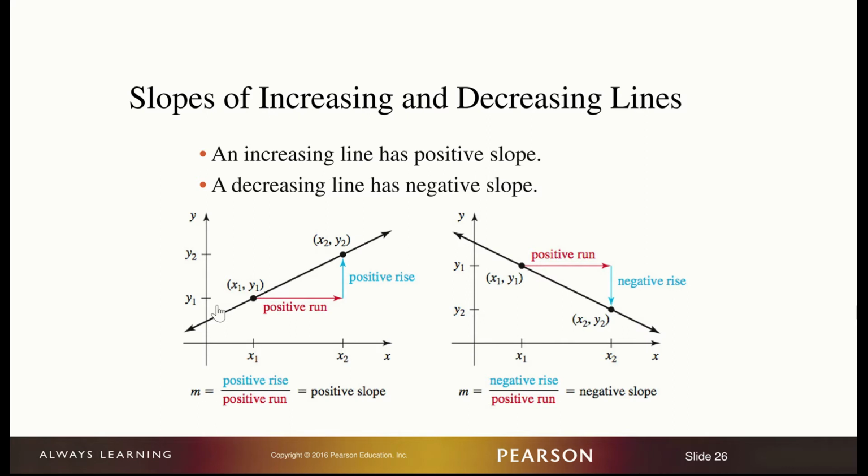So again, notice that if the response variable increases as the explanatory variable increases, that translates into a positive slope. If the response variable decreases as the values of the explanatory variable increase, then that corresponds to a negative slope.